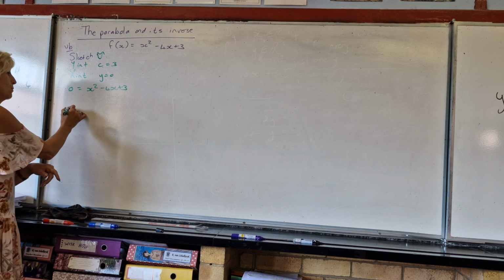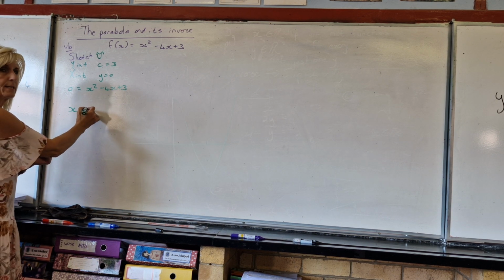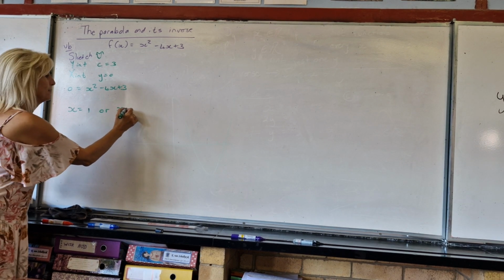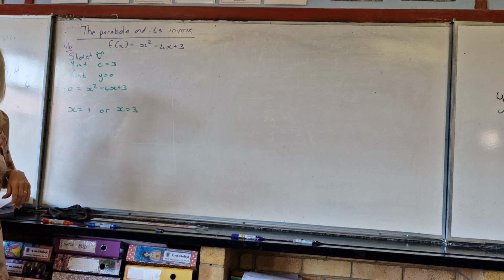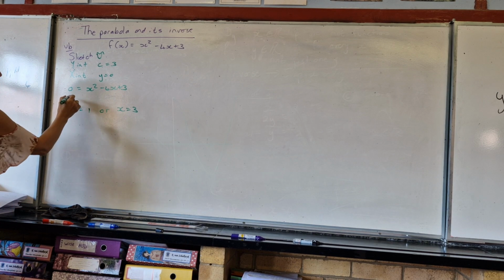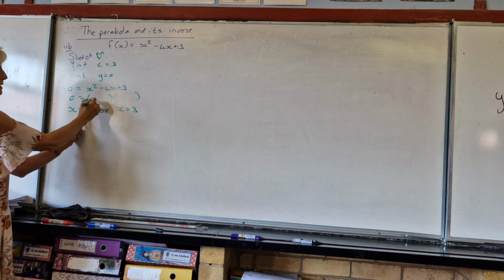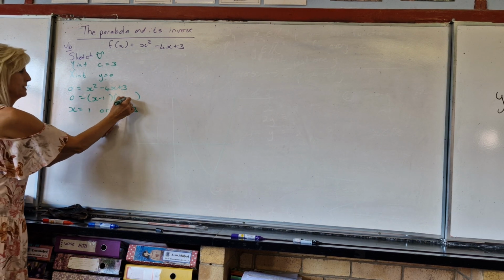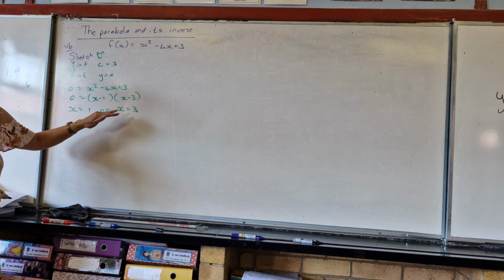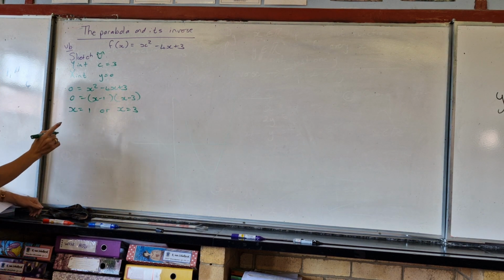Your calculator will then tell you that x is equal to 1 or 3. Not 'and', always 'or'. This is not acceptable on its own; you have to show me the factors. Going back from here, it's x minus 1 and x minus 3. Either you factorize or you use the formula, but the formula takes too long to do everywhere. So I've got two x-intercepts.